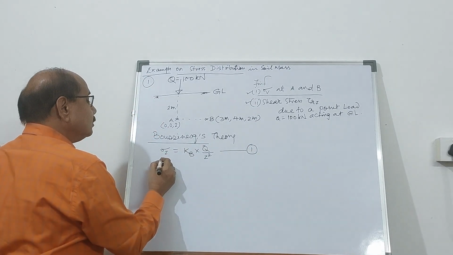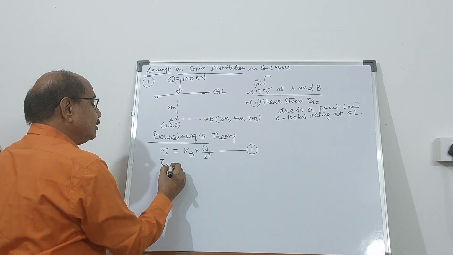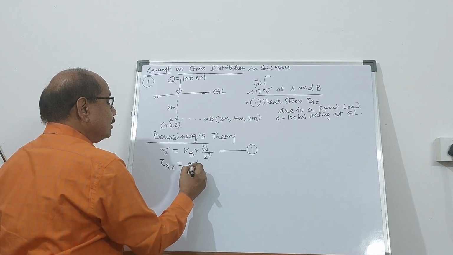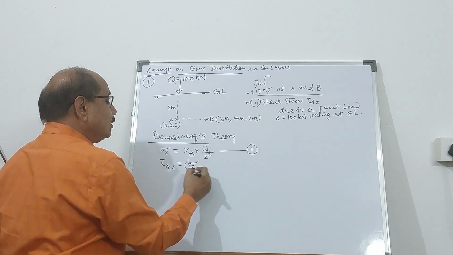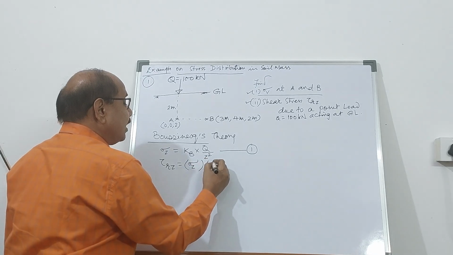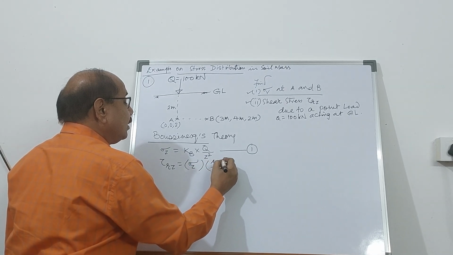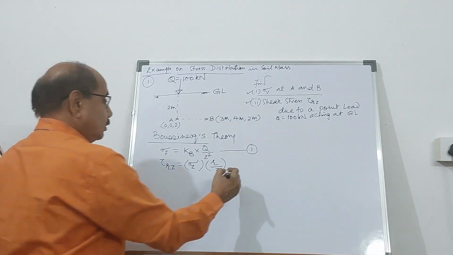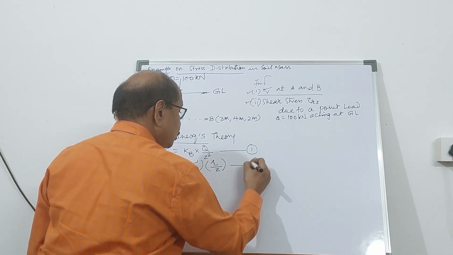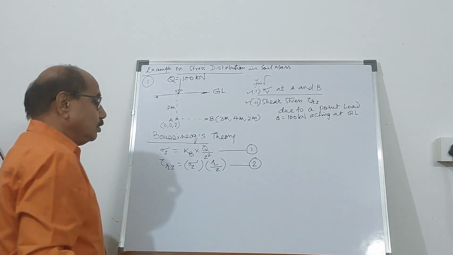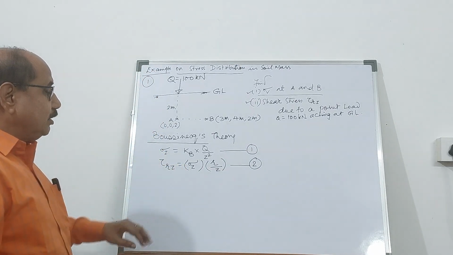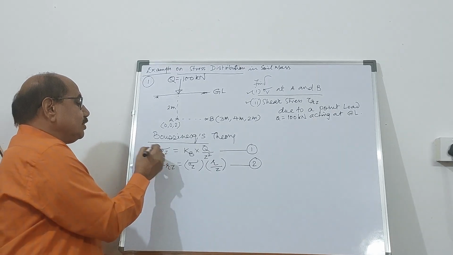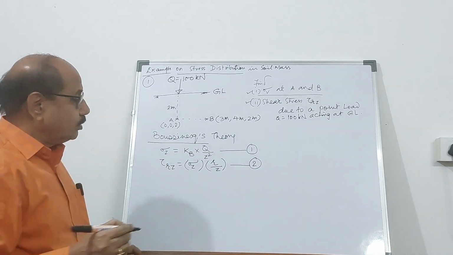And tau Rz, the shear, is going to be sigma z at that point multiplied by R by Z. So you can use these equations in order to find out the vertical stress and the shear stress.